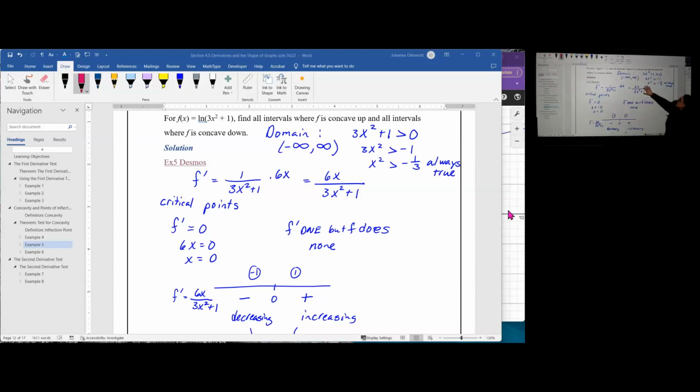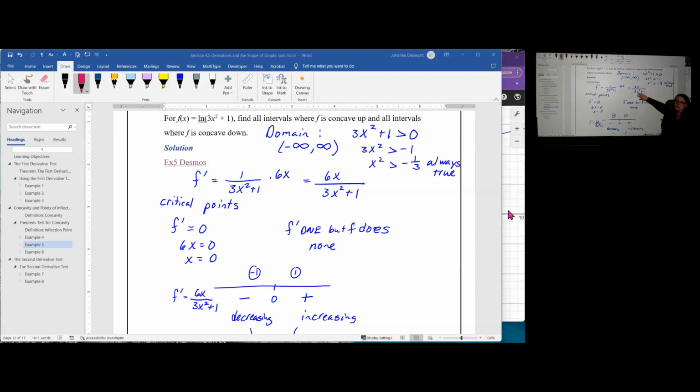Then I go ahead and I find the first derivative by invoking the chain rule with the derivative of natural log, 1/u du dx. This gives me the rational function 6x divided by 3x squared plus 1. I look for critical points where the first derivative is 0 or the first derivative does not exist, but the function does.